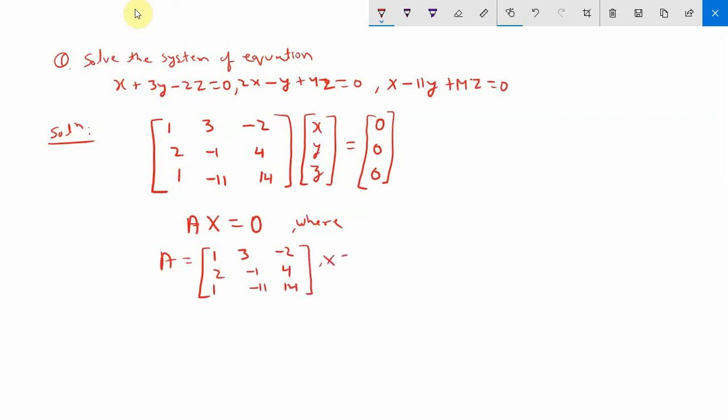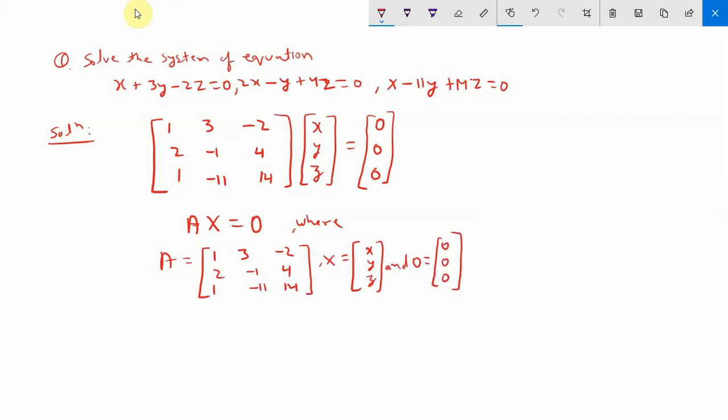Matrix X is equal to x, y and z, and matrix O or null matrix is, all the elements will be 0.